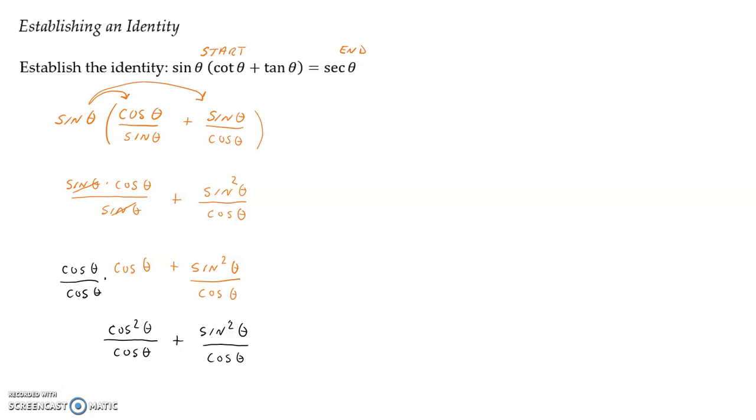And now I'm in a situation where I have common denominators, so I can go ahead and add these two fractions together. And when we do that, we only have to write that denominator once. On top, I'm going to have cosine squared theta plus sine squared theta. Remember that we can use identities here.